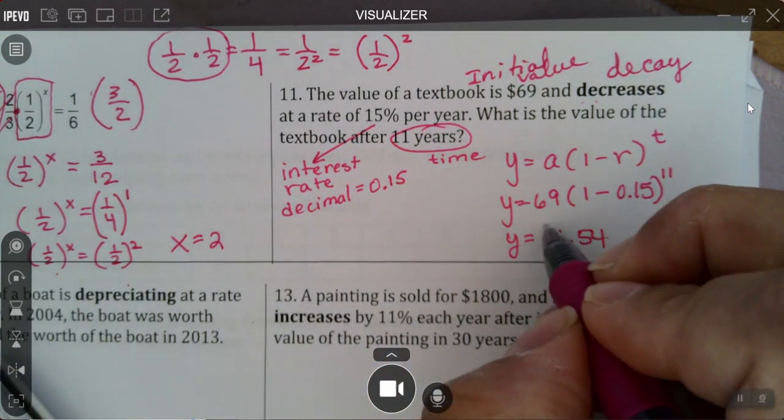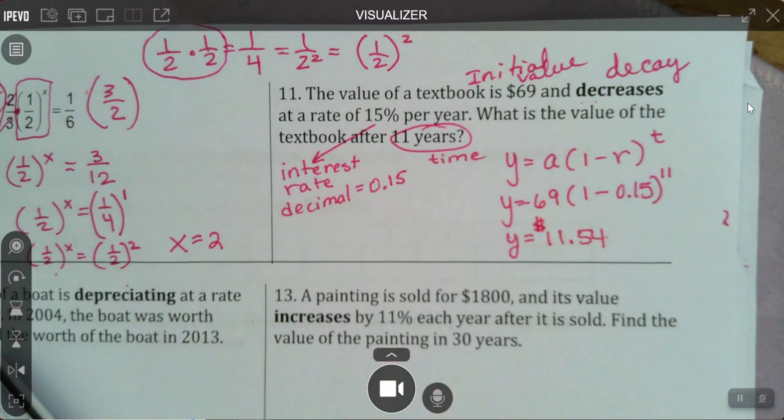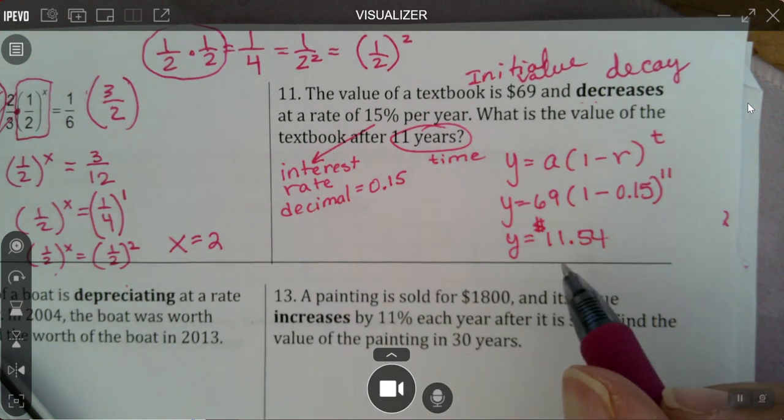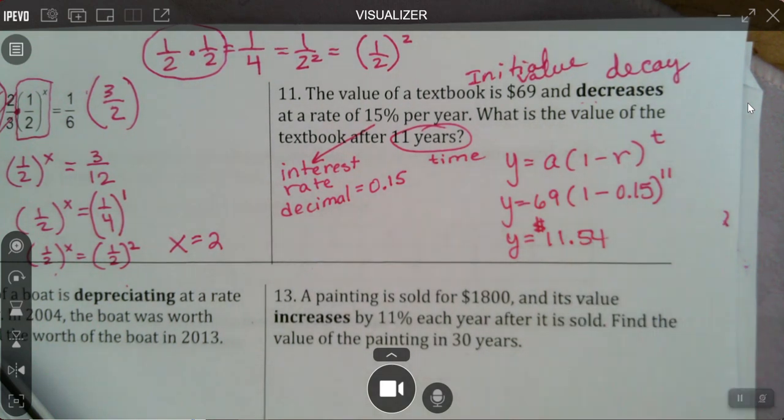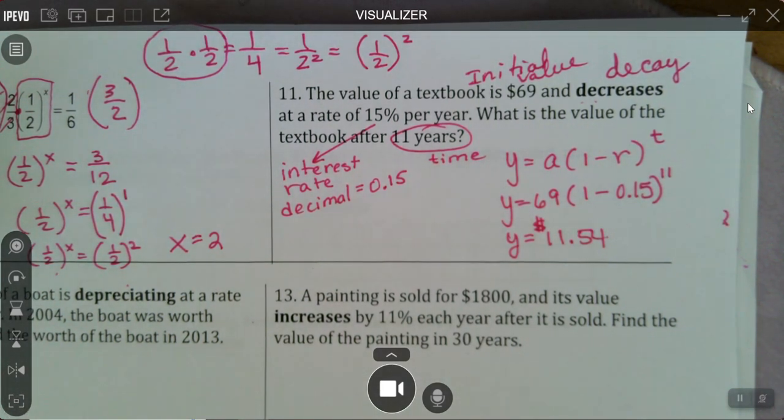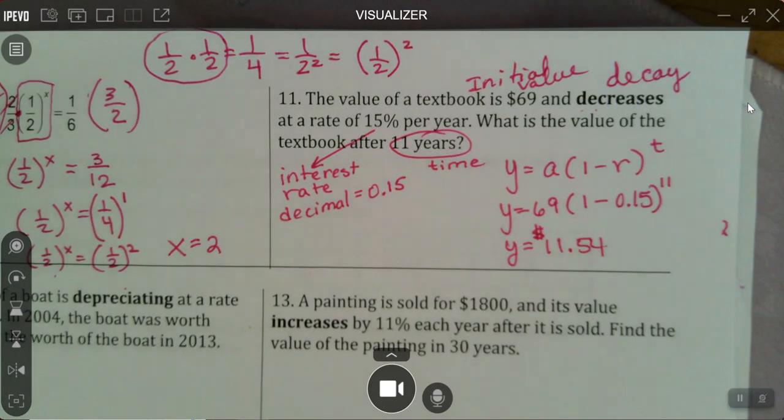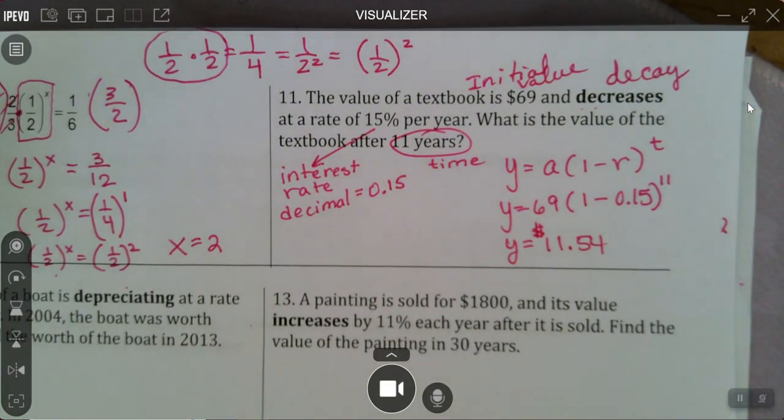After 11 years, your textbook, you're only going to be able to sell it for $11.54, even though you paid $69 for it, okay? Ain't nobody want no older textbooks. Okay, question.